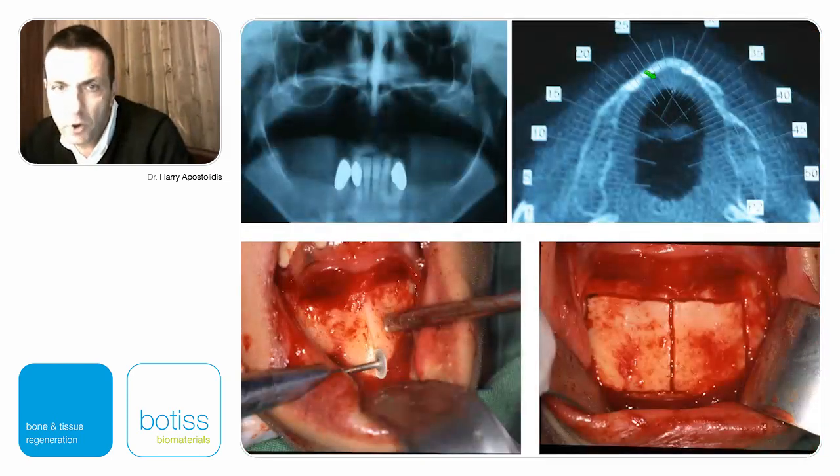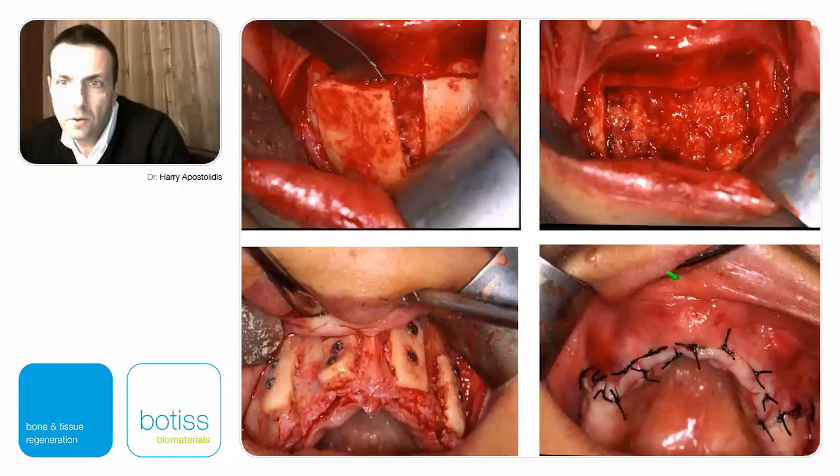So we go ahead, and you see how thin the maxilla is. We take big blocks from the chin. We put 4 blocks up on the maxilla. But look at that. We have a big cancellous component here and a very thin block here. And we just cover everything with our flap. No membranes, nothing.